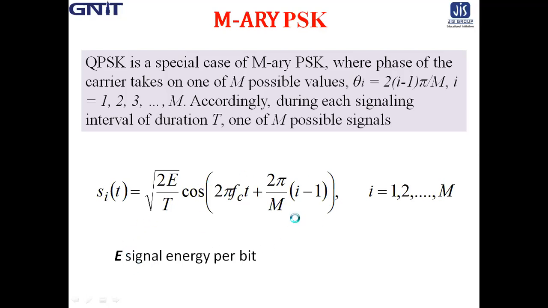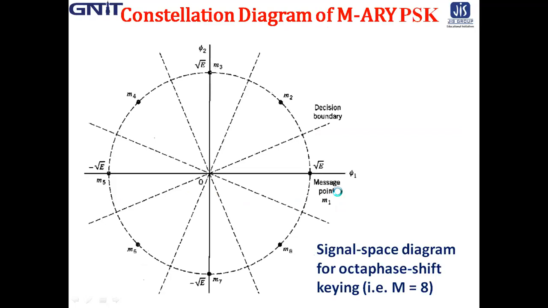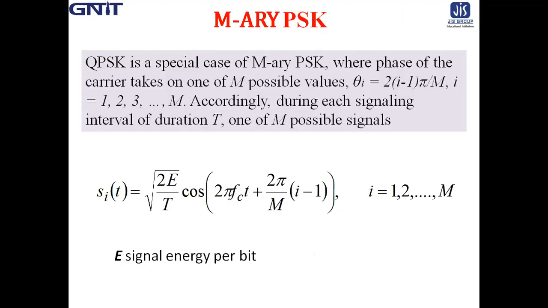Now, what is the constellation diagram for this M-ary PSK signal? To draw the constellation diagram, first you have to think how many basis functions are present. From this earlier expression, we can see that the same two basis functions, φ1(t) and φ2(t), similar to QPSK, are needed.